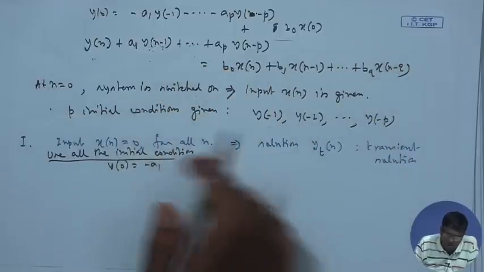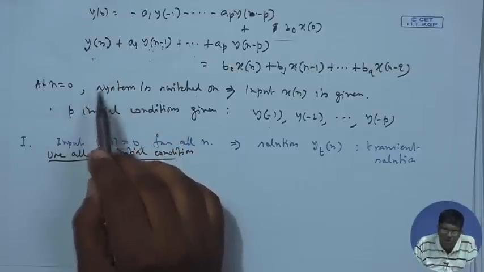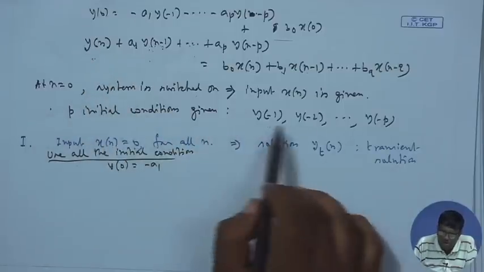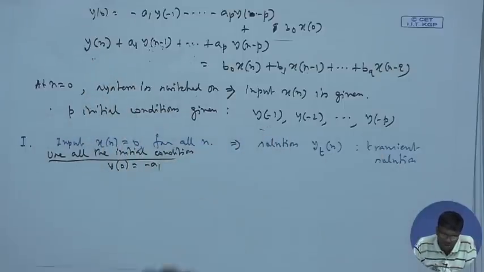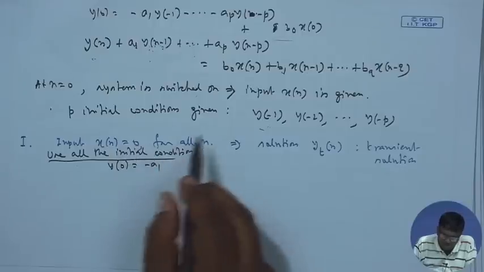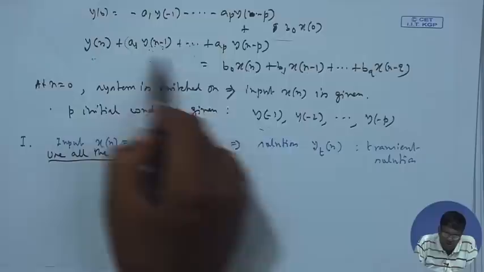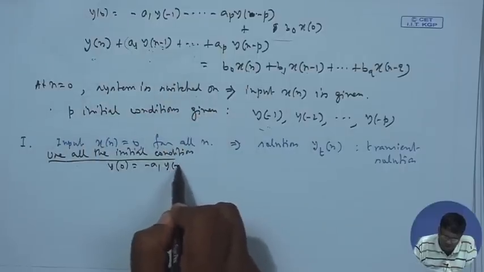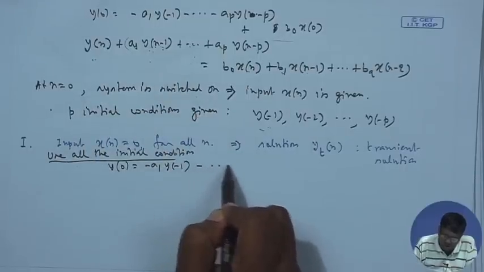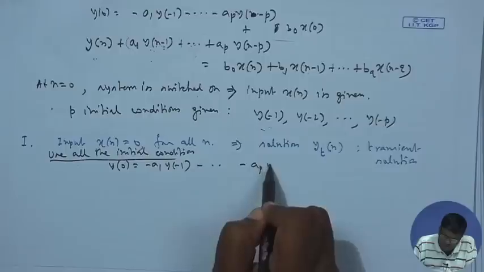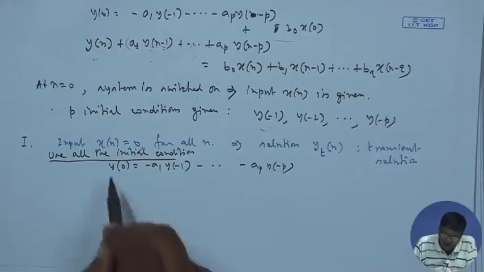On the left hand side, to find out y 0, y 1, y 2, you use all the given initial conditions. So, minus a 1, so y 0, what will be y 0? Take this part on the right hand side, minus a 1 y minus 1, dot dot dot, minus a p y minus p, y 0 obtained.